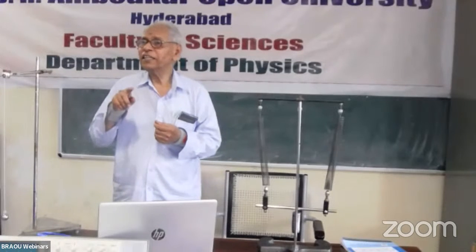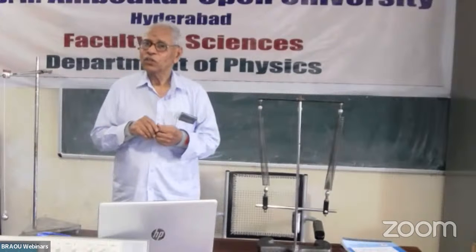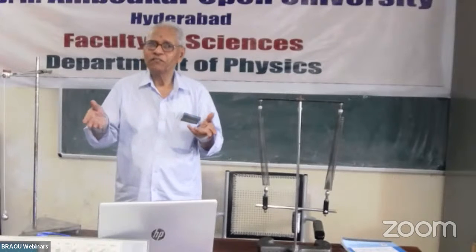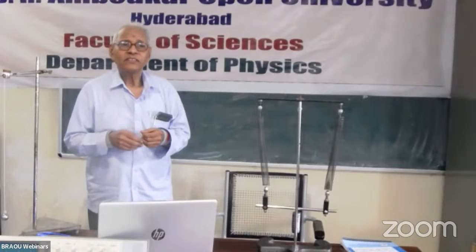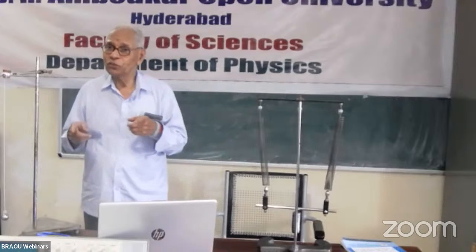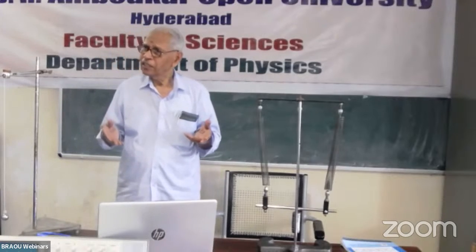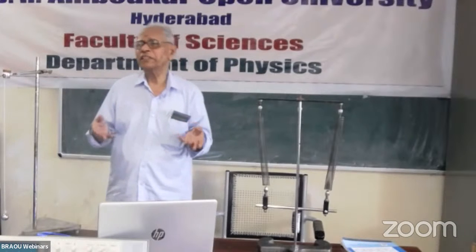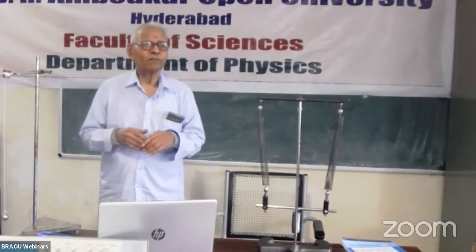Is it not? That is the formula we use. The velocity of light, you know, is 3 into 10 to the power of 8 meters, or 10 to the power of 10 centimeters, whichever way you can put it.